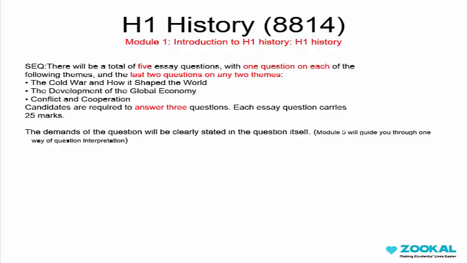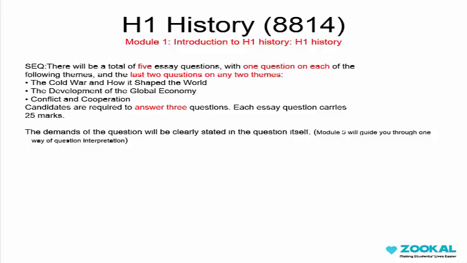The other 2 questions would either be Cold War, development of global economy, or conflict and cooperation. So it's very highly likely that you would have 2 questions on 2 themes, and for the last theme there'll only be 1 question appearing. So if you think about it, you need to answer only 3 questions.